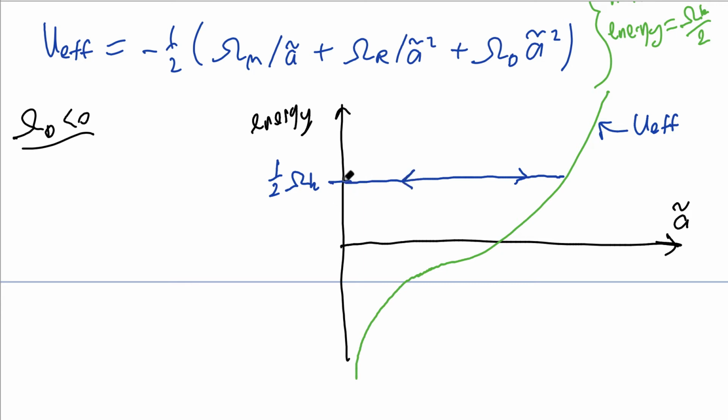So this corresponds to a universe that starts with a scale factor of 0, has a big bang, expands to a maximum scale factor, and then returns in a big crunch. And so this is the case when 1/2 omega k is positive. If 1/2 omega k is negative, then we have similar behavior. The universe begins in a big bang, expands, then recontracts to a big crunch. And this is the case in which omega k is 0.